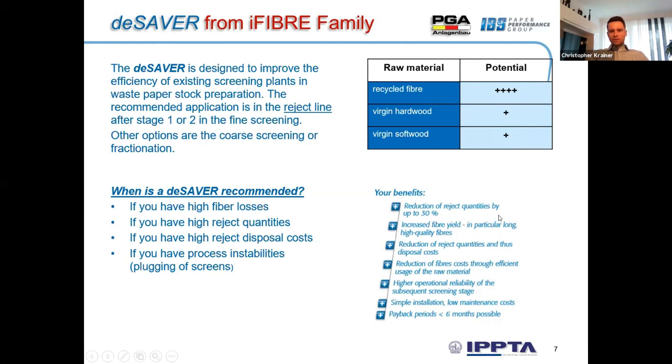We are able to reduce the reject quantities by up to 30%. Increase your fiber yield, in particular long, high quality fibers. Less raw material needs to be purchased, and as we see, the prices are going up and up at this moment.